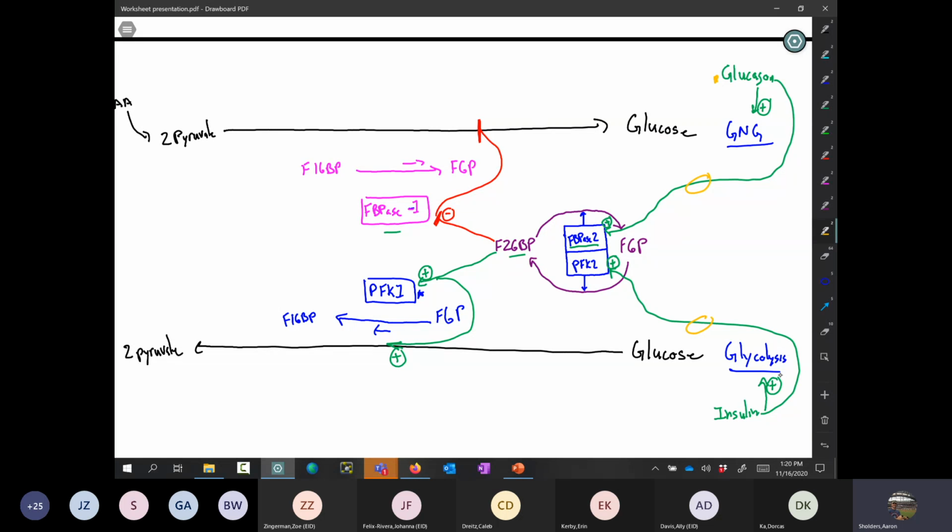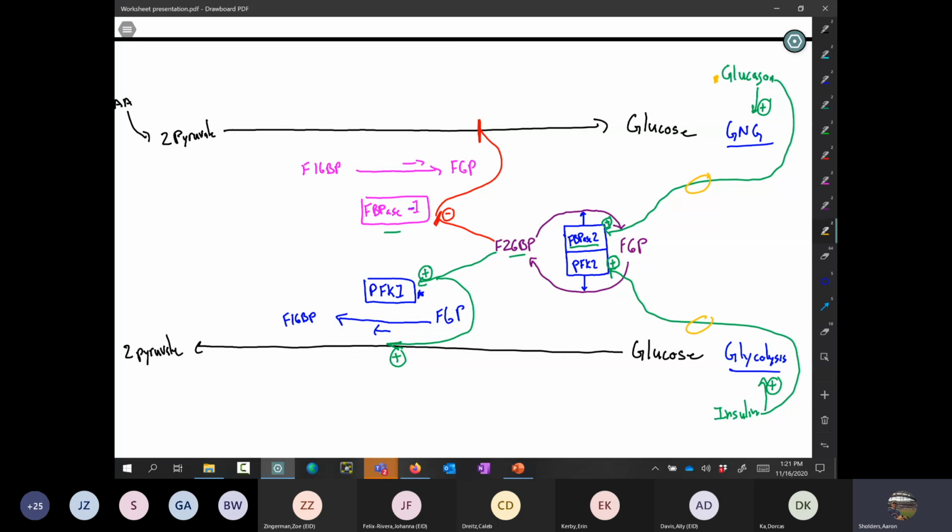Insulin, through a variety of things, removes that phosphate. I won't draw all of that out. I'll let you look back at your notes, but we did talk more details about those things.